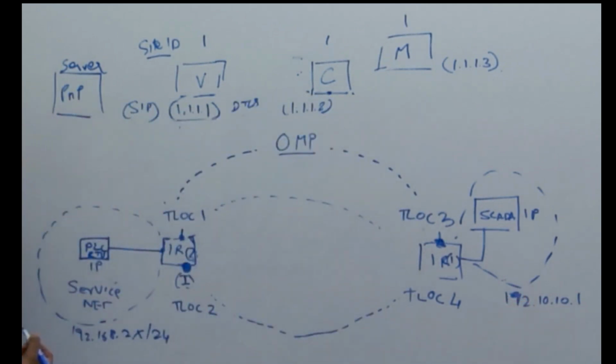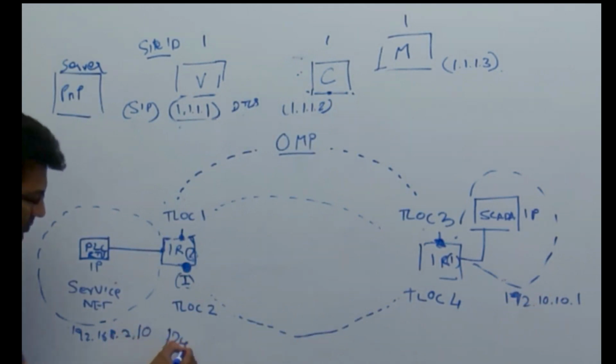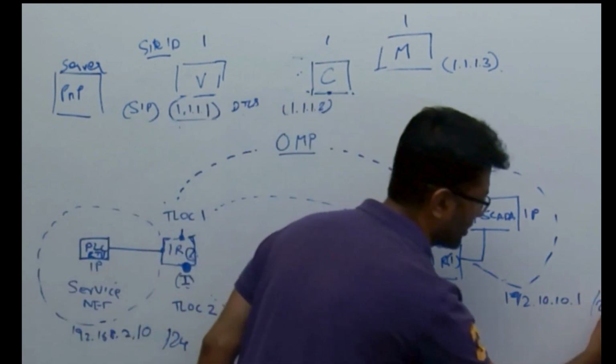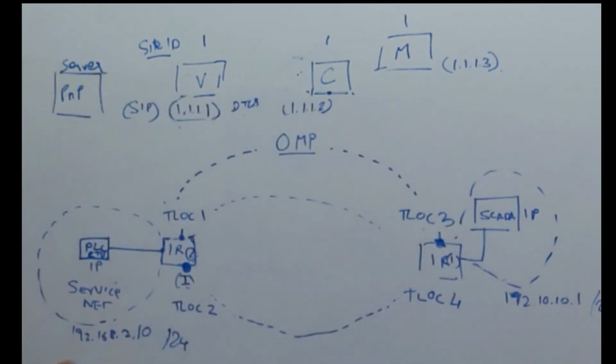That's the SCADA server IP network. And let's call the PLC network 192.168.2.10, slash 24. So at the moment, we don't know how we will have reachability between these devices, but that's where OMP comes into play. OMP will detect these service networks or service subnets, or we can call them segments.